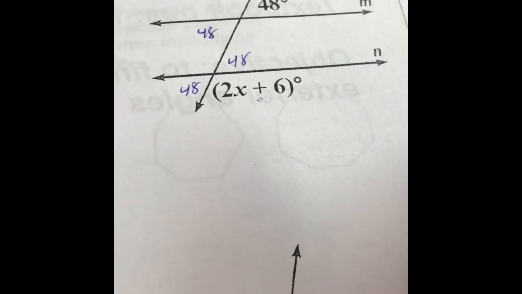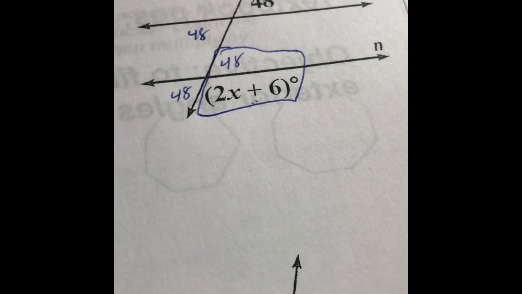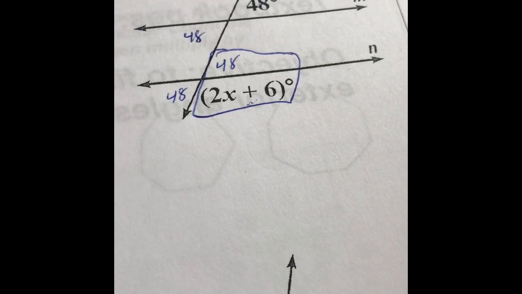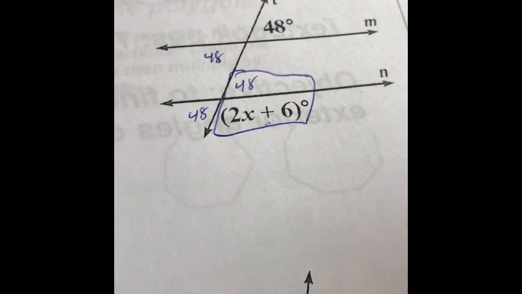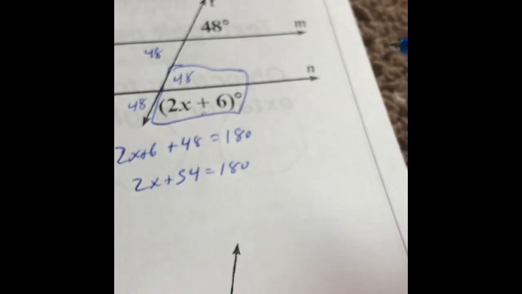It's not always true. So you've got to ask yourself, what do you know about two angles that are on the same line that are next to each other? They have to add up to 180 degrees, right? So our equation is going to look like this. 2x plus 6 plus 48 has to add up to 180 degrees. Combine like terms. 2x plus 54 equals 180 degrees.